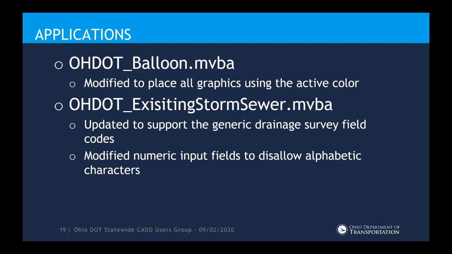So on the OhioDOT applications, we have some updates here. The Balloon app will now place all graphics using the active color, and the existing storm sewer was updated for the same generic codes that I've mentioned before. It also now disallows alphabetic characters in the numeric input fields.